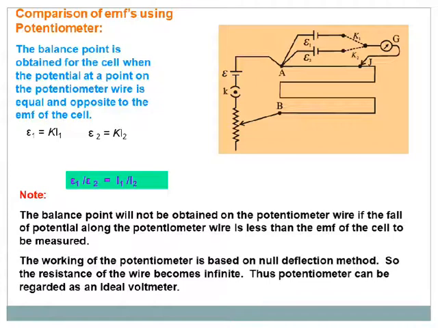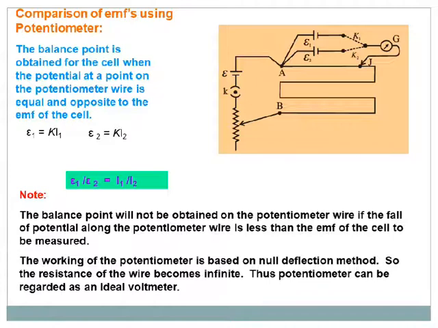Both keys K1 and K2 are connected to the galvanometer G, and the other terminal of the galvanometer is connected to the jockey. On the other side, the key K is connected to the rheostat, and the rheostat is connected to point B. So this is all about the circuit diagram.